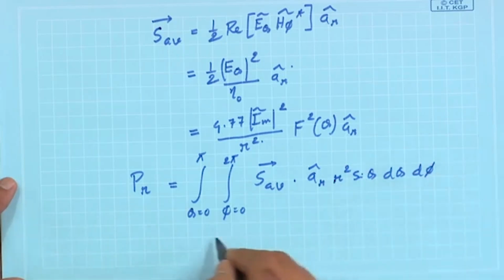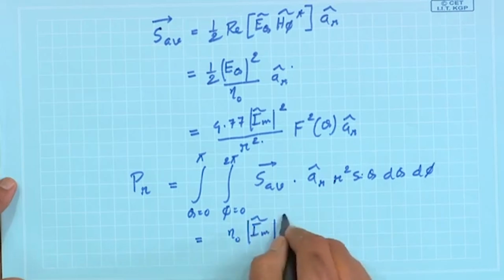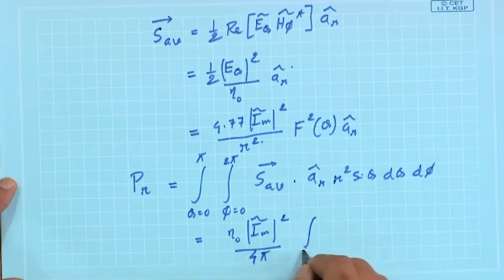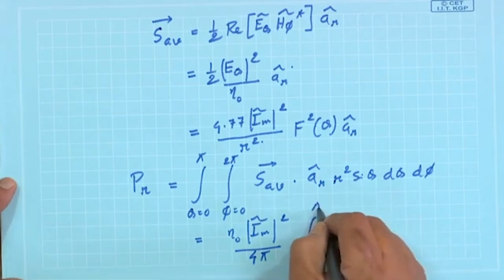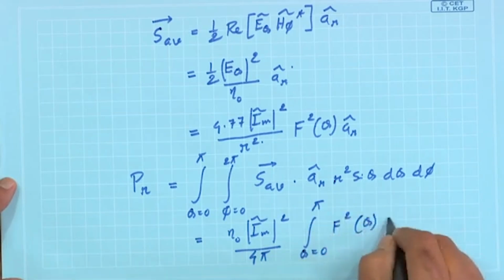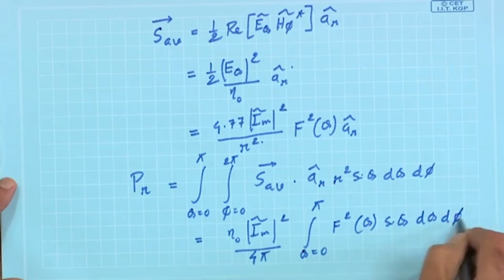So, if I do this, we will get eta naught Im square by 4 pi, integral over theta from 0 to pi of f square theta sin theta d theta d phi.